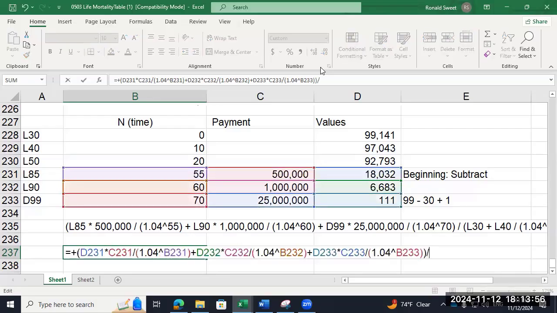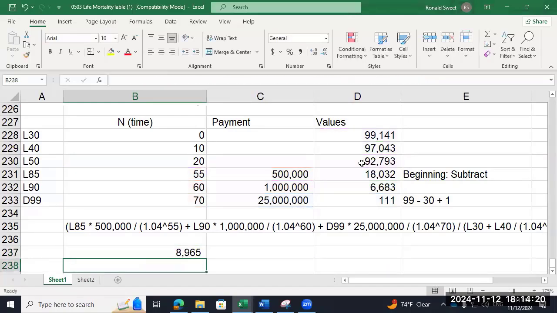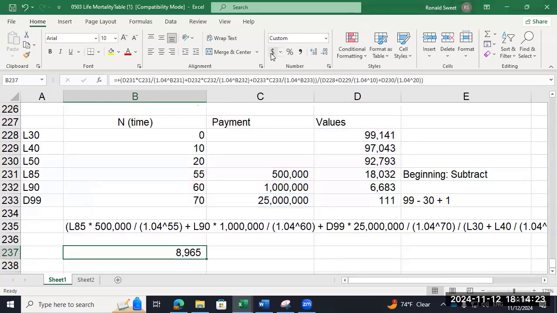So we're going to divide that by the 99,000 plus 97,000 divided by 1.04 to the 10th plus 92,007 divided by 1.04 to the 20th. There's your premium.